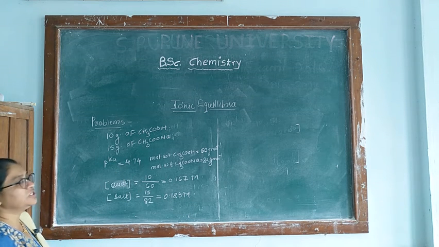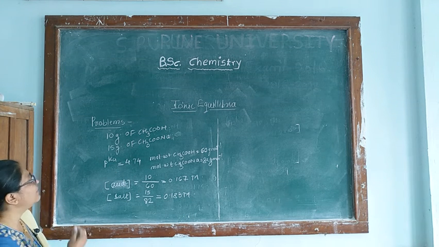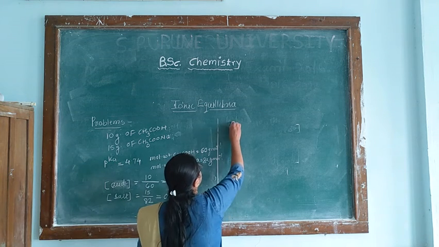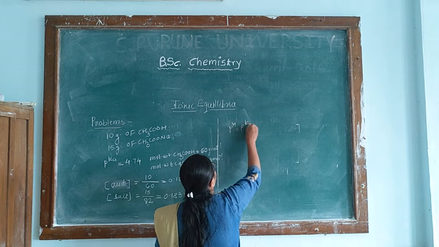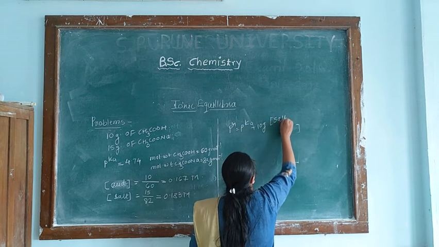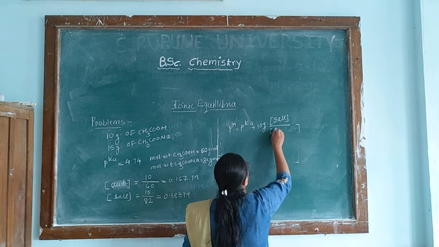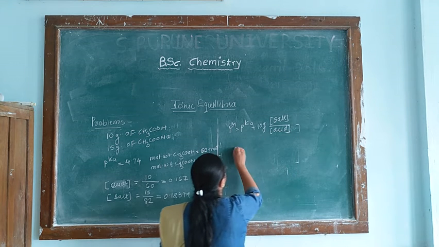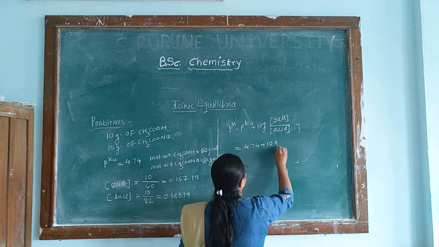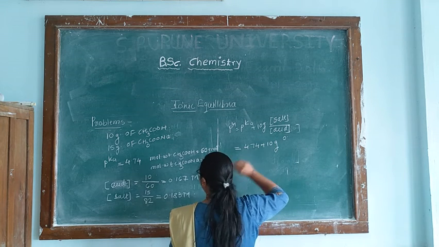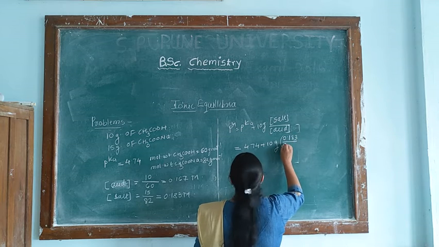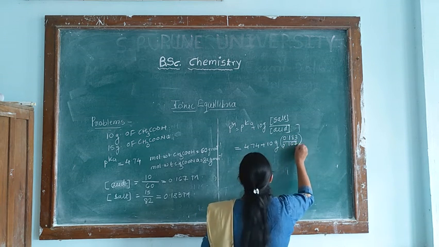Now we know the concentrations. We have already been given pKa. Therefore pH is equal to pKa plus log of concentration of salt divided by the concentration of acid. So substitute the terms: 4.74 plus log of 0.183 divided by 0.167.